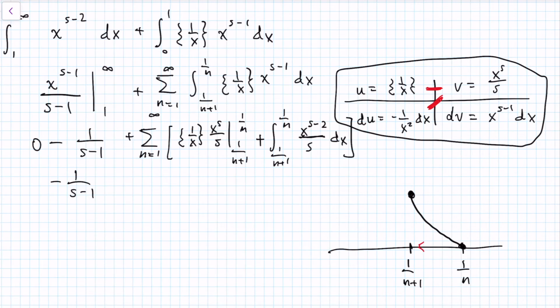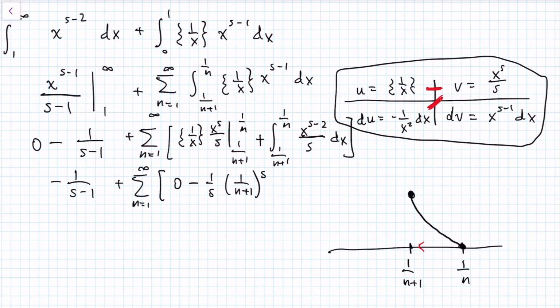So long story short, when we plug this into the fractional part, we'll get 1, but when we plug this into the fractional part, we get 0. So evaluating this, the first value will give us 0, and the second value will give you 1 times x to the s over s. And of course, x to the s in this case is 1 over n plus 1 to the s because of the evaluation. Okay.